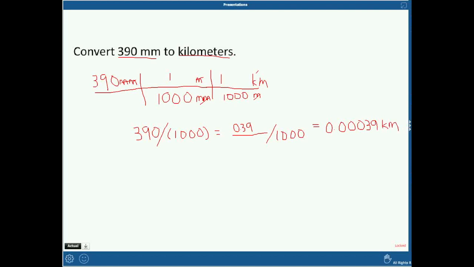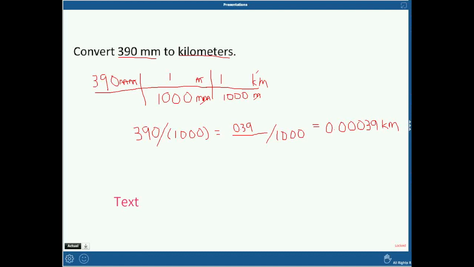So then I have 0.00039 kilometers. Okay, so that would be my answer. And then if it was a short answer problem like on a test or something, to show your work, you could type in something like that, and that would give you your full credit.